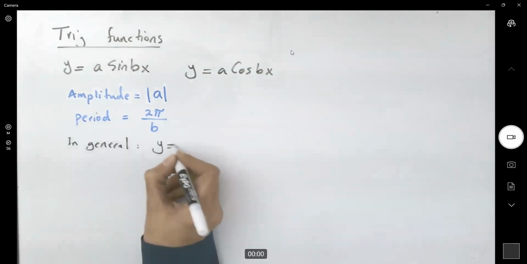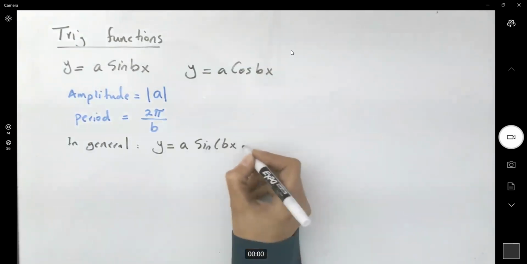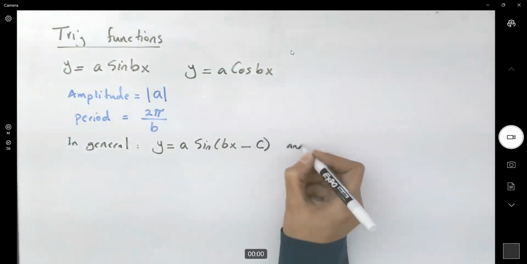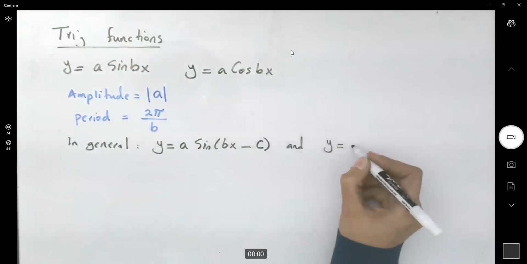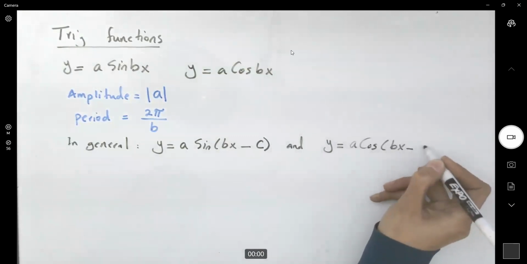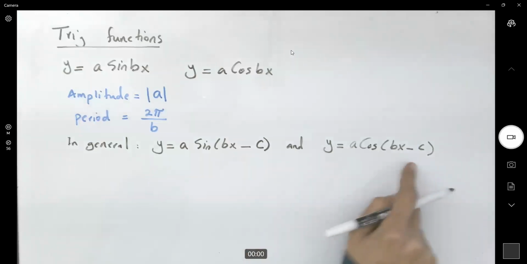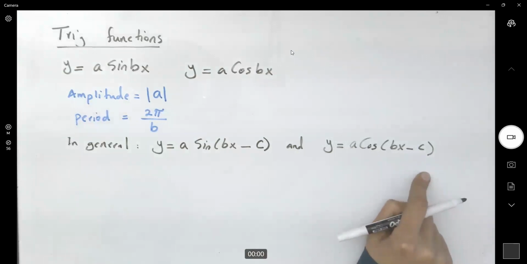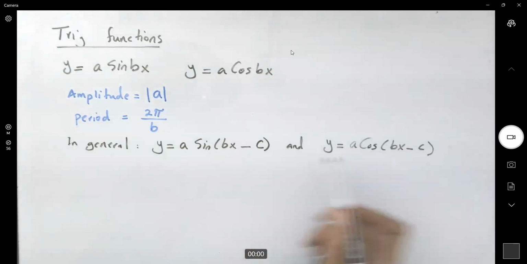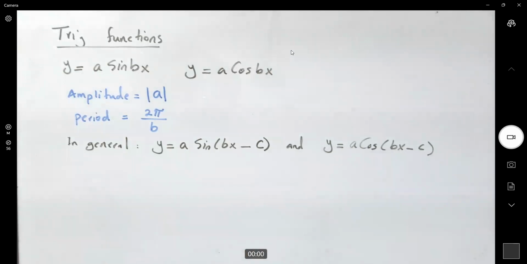If you have y equals a sine bx minus a constant like c, and if you have the same for your cosine function, y equals a times cosine of bx minus c, this constant c causes the horizontal translations or shift. Why is that? Because you are changing your x values.